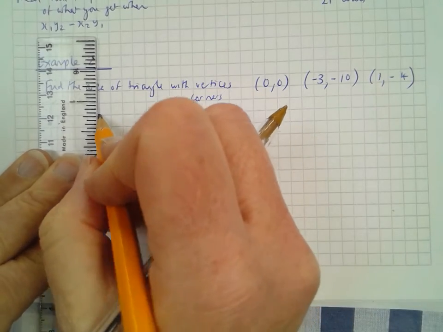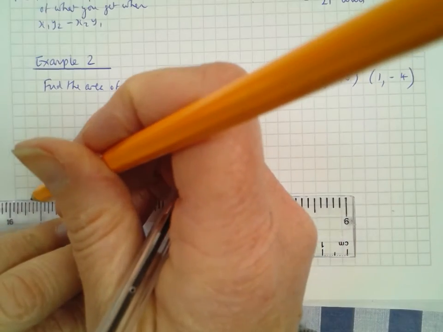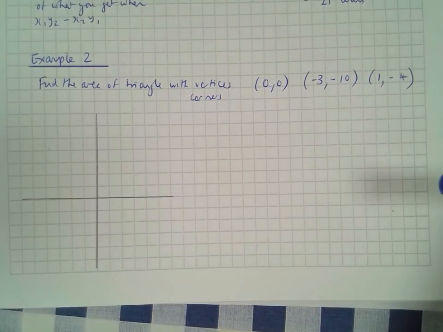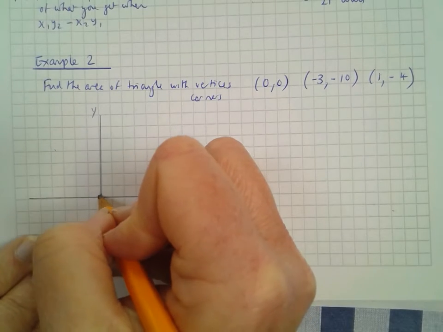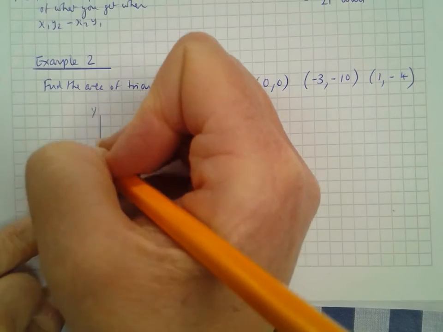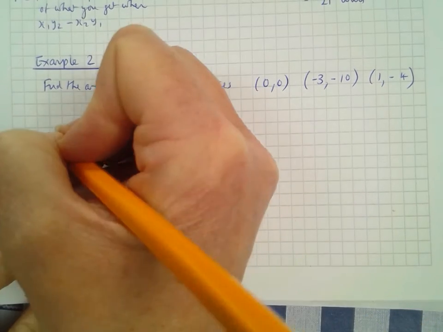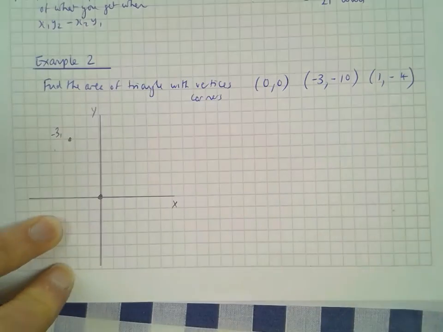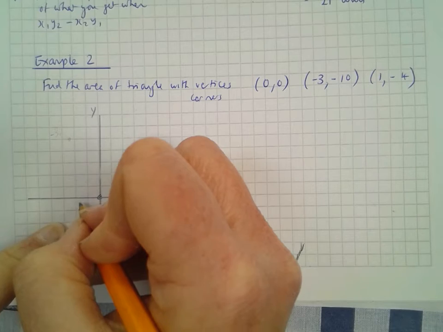Now I'm going to just draw a quick sketch here. I'm not going to do a full diagram, but just a quick sketch to get an idea of what this would look like. This is X and this is Y. So 0, 0 is here. Minus 3, minus 10 would be somewhere down here.